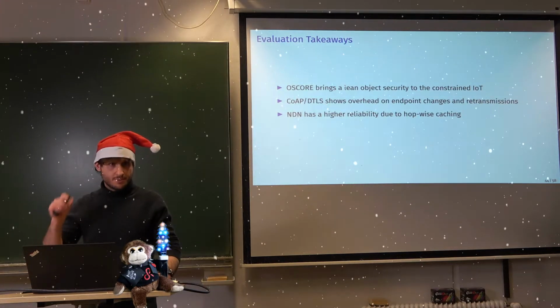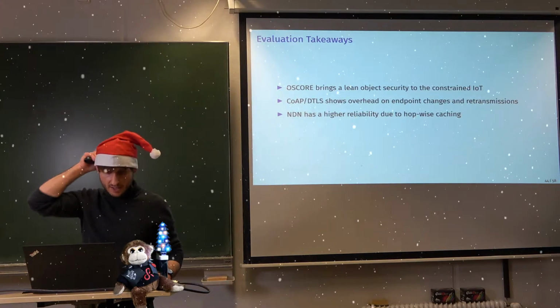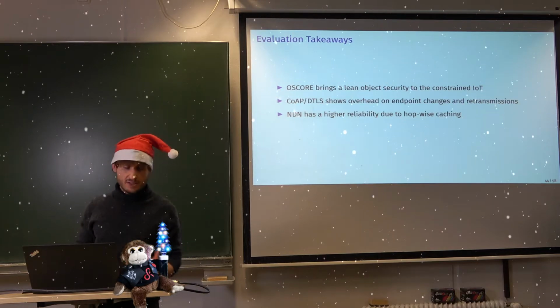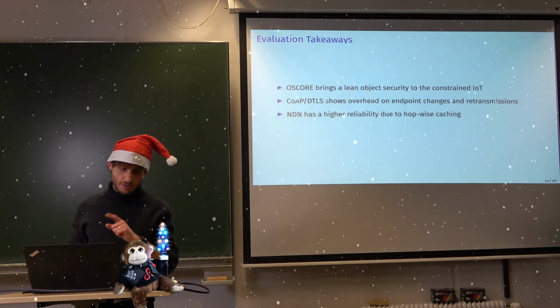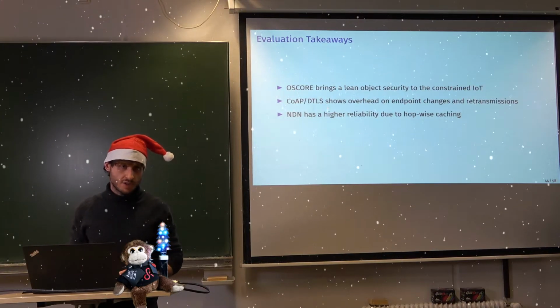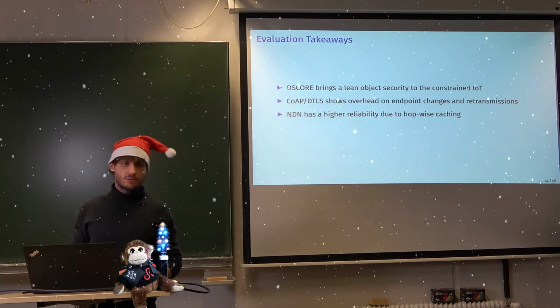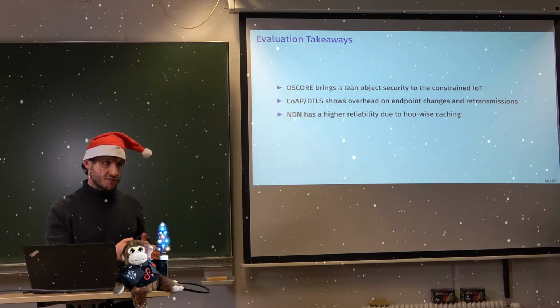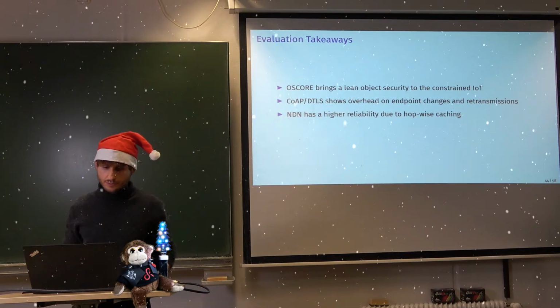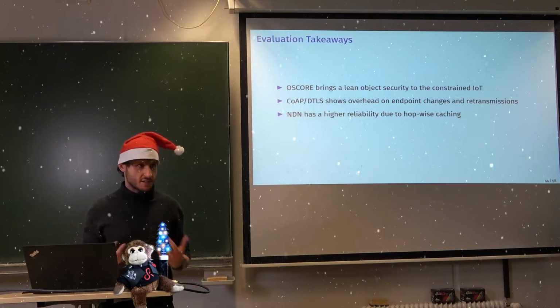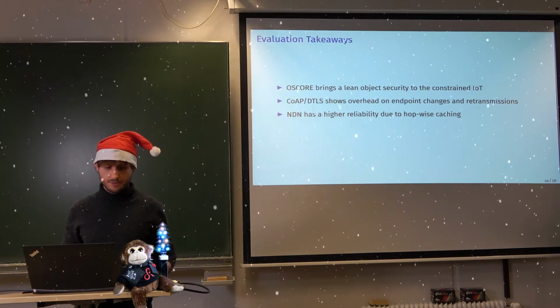So from these experiments, we can take away that OSCORE brings a lean object security to constrained IoT. And if you look at the paper that I mentioned before, you can also see that OSCORE, because of the better integration into CoAP and reusing certain CoAP features, exhibits much less overhead in terms of packet bytes.